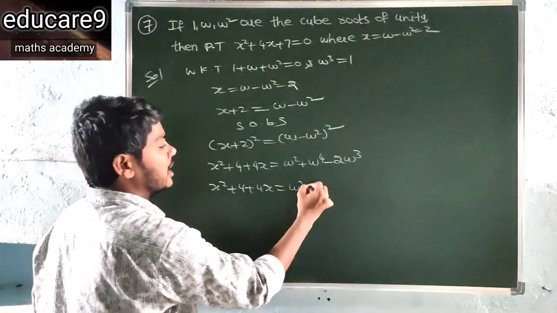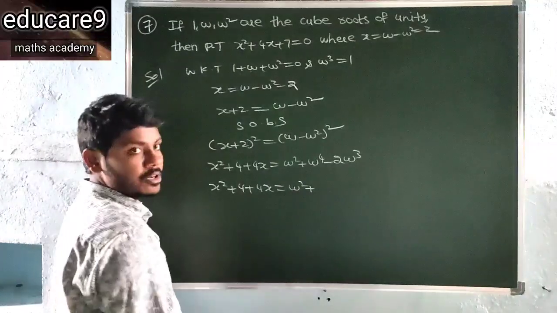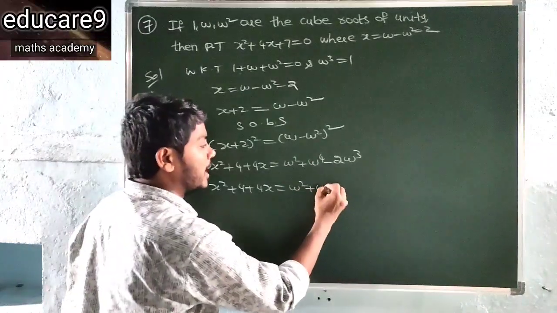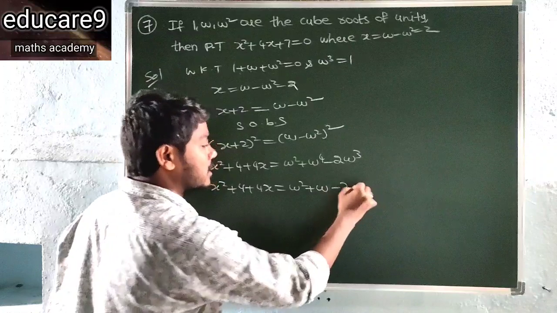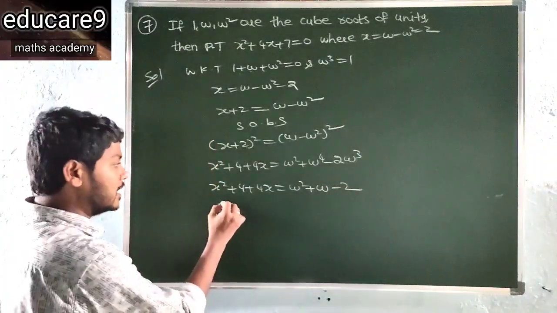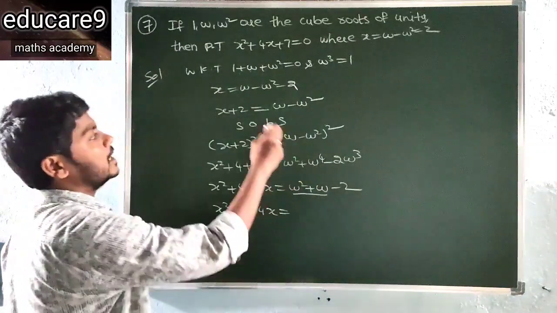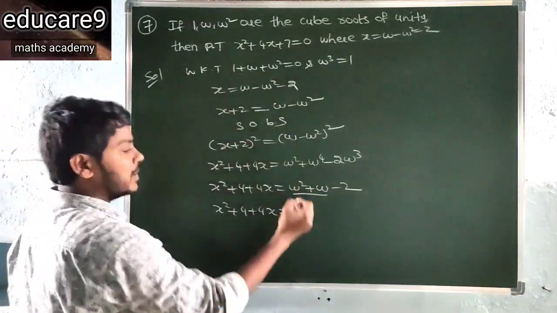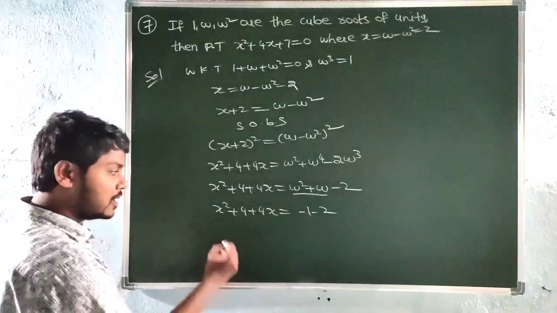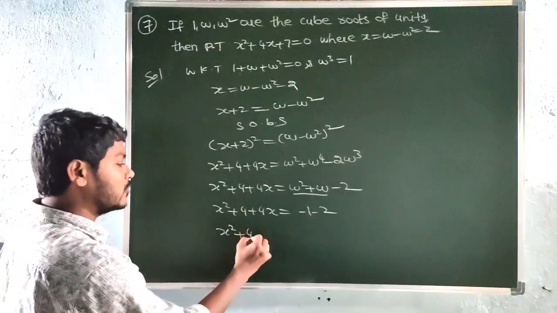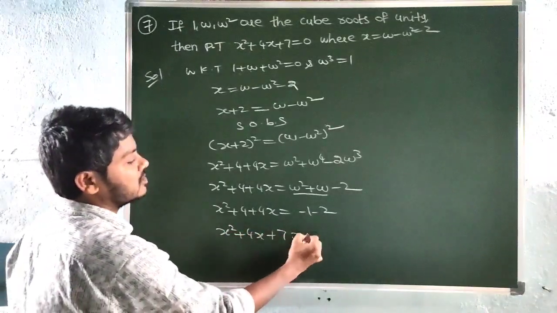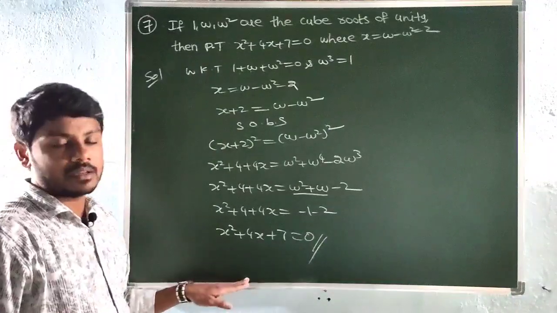This is omega square. Omega power 4 is what? Omega. And this is minus 2. So clearly x square plus 4 plus 4x. So omega square plus omega value, that is minus 1, minus 2. So therefore x square plus 4x plus 7 is equal to 0. So this is the required answer.